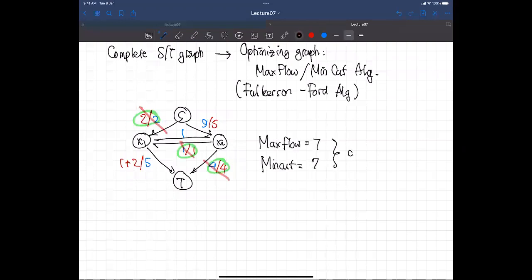And this is called the optimum condition. The optimum condition is when max flow equals min cut. It means that it's optimized.